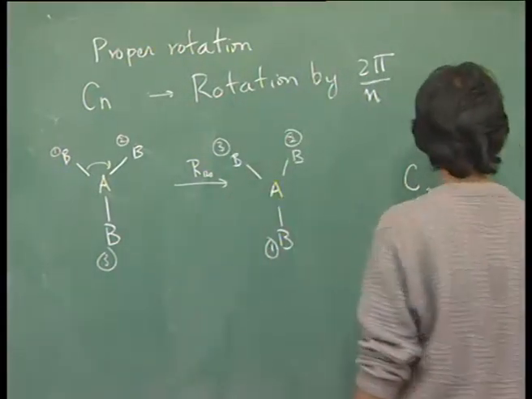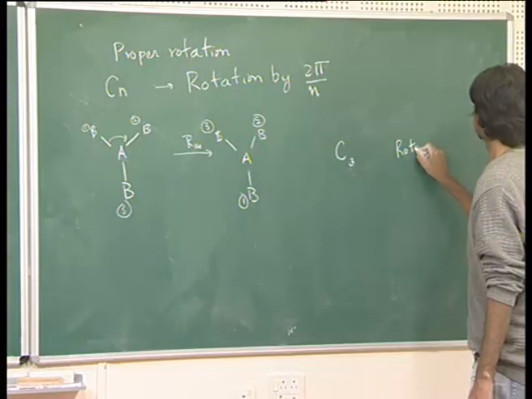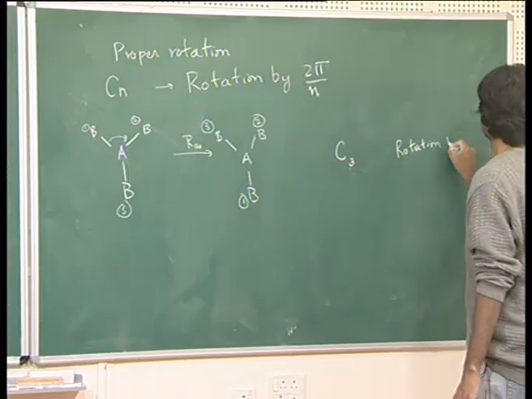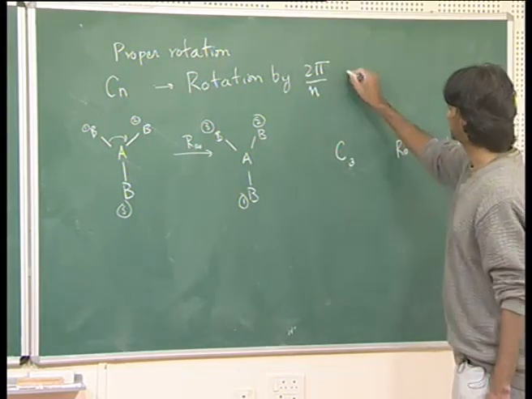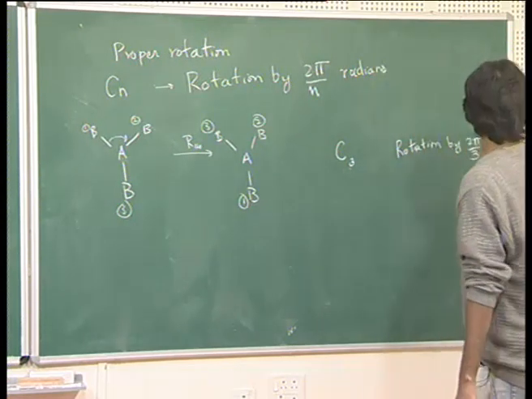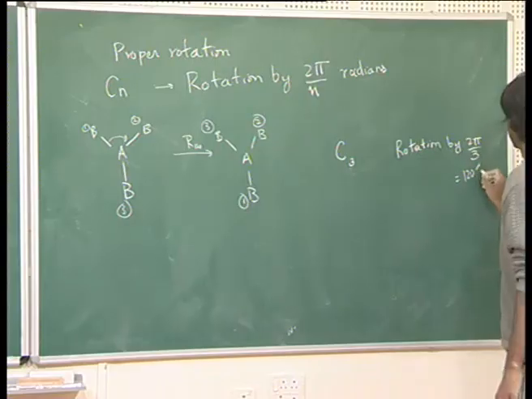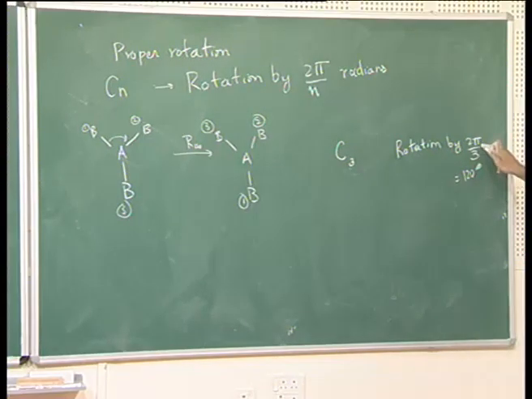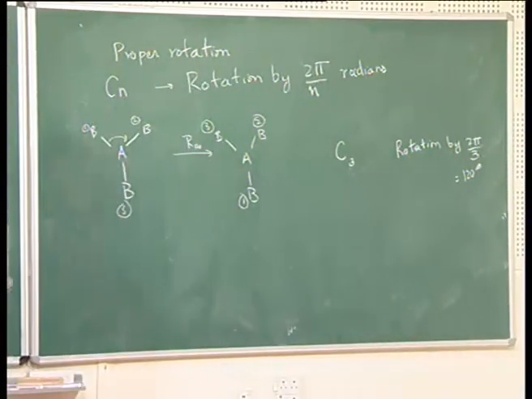C3 means rotation by 2 pi by 3 radians. 2 pi by 3 radians is equal to 120 degrees, that is 360 by 3. So this is a proper rotation, and we will look at examples of this soon.